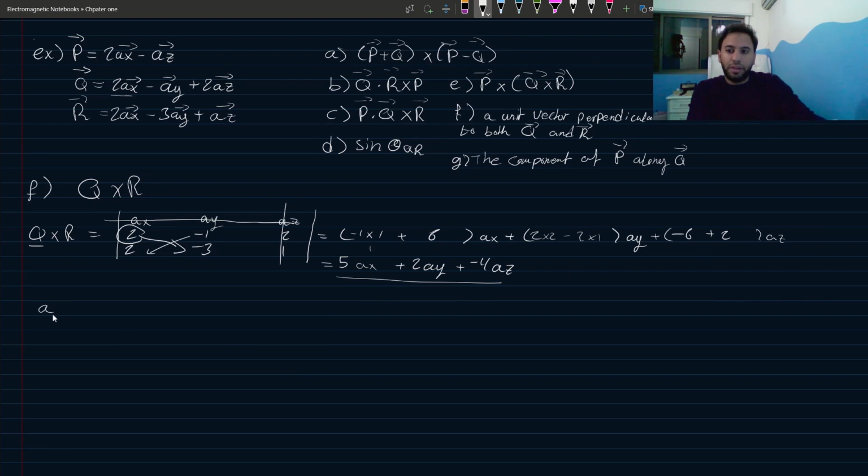The unit vector for anything, let's say vector A, is the vector divided by the magnitude of that vector. So the magnitude of this vector is 5 squared plus 2 squared plus 4 squared, 25 plus 16 plus 4, that is 45, the square root of 45.